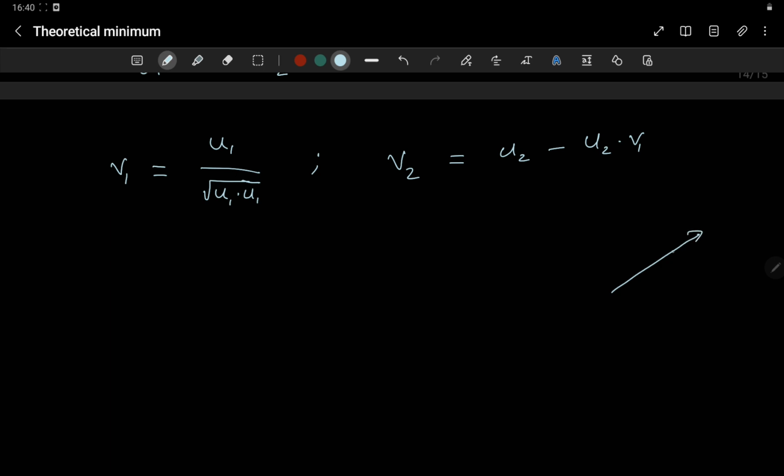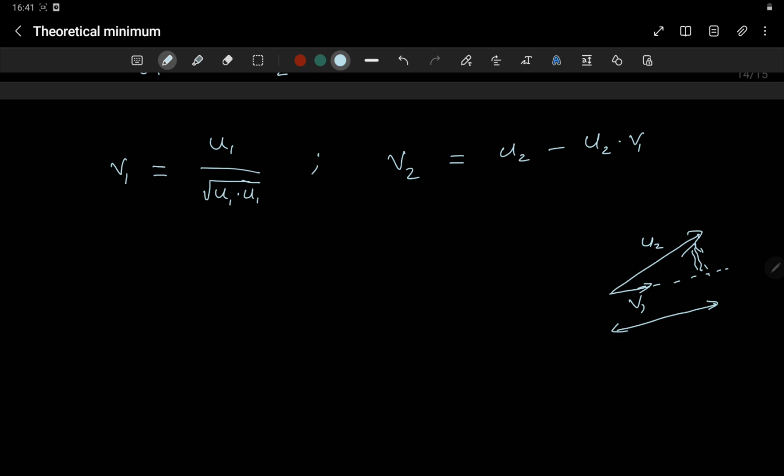Say this is u2 and this is v1. The projection of u2 on v1 is this part, and what we finally need is u2 minus this vector. This vector's magnitude is known, which is u2 dot v1. What is the direction? v1 itself is the direction, because v1 is a unit vector.